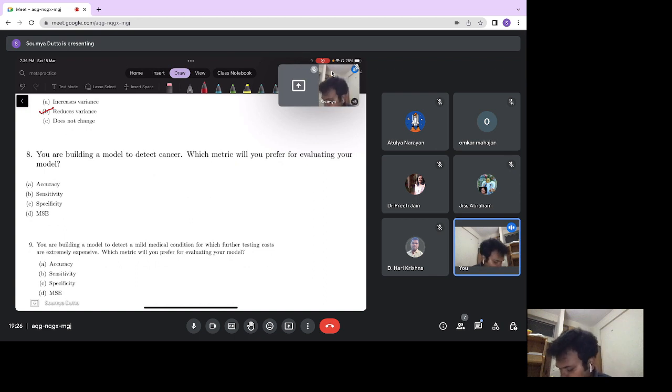MSE is not a correct answer because this is a classification model. Accuracy is also not a correct metric, because thankfully the number of people diagnosed with cancer would be much less compared to people who are not diagnosed with cancer.